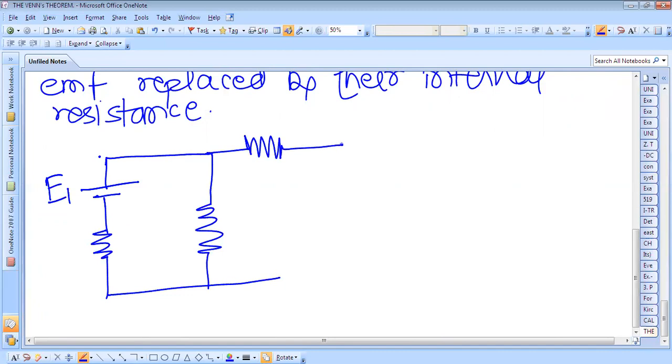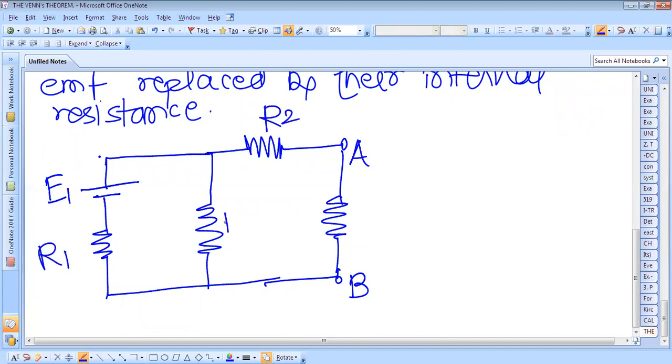This is the terminal A and B. This is E1, this is R1, this is R2 and R3, and this is your load resistance. We can call it R. According to the statement, we have to find the current flowing through this resistance, and this can be found by using Thevenin's theorem.